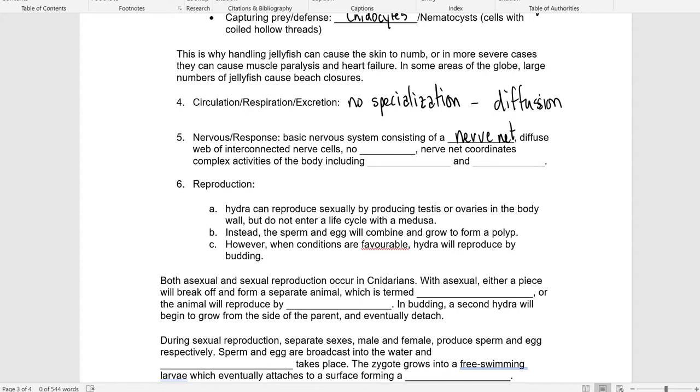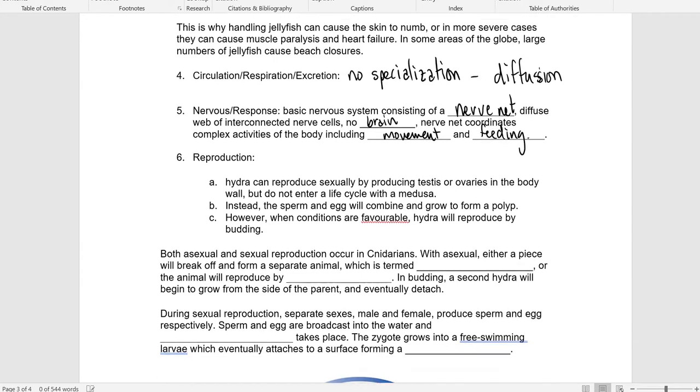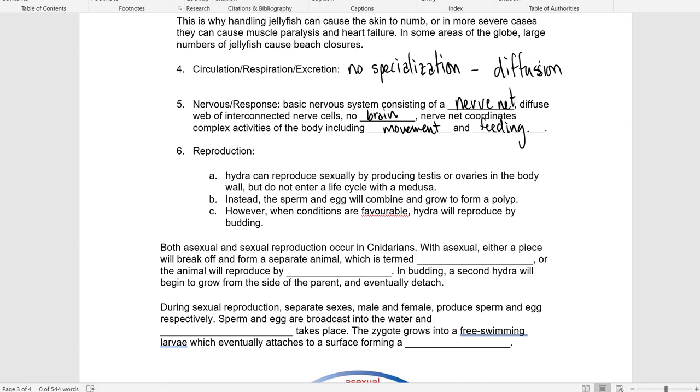They have no brain, no concentration of nerve tissue, just a nerve net that basically coordinates complex activities of the body, including movement and also feeding, right? So that's about all the nervous tissue is responsible for.